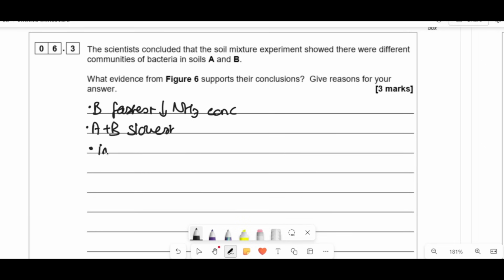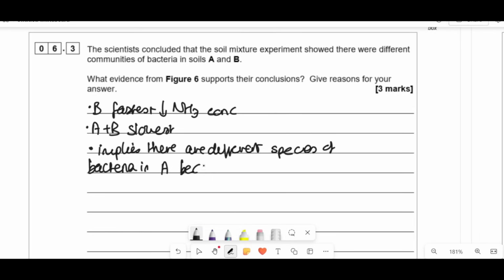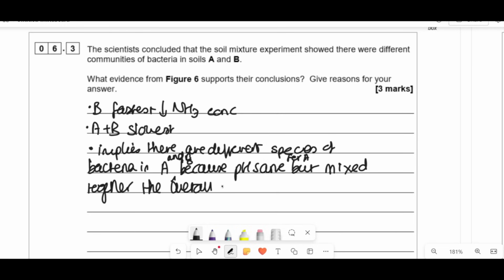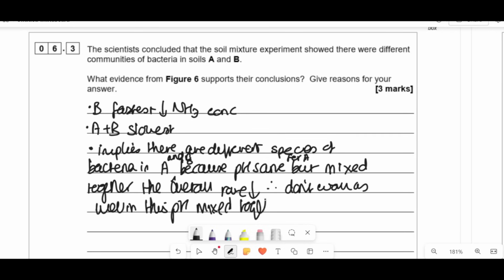So this implies there are different species of bacteria in A and B because the pH is the same for A, but mixed together, the overall rate decreases. So clearly, there's a bunch of them preferring different pHs. Therefore, the bacteria don't work as well in this pH mixed together.